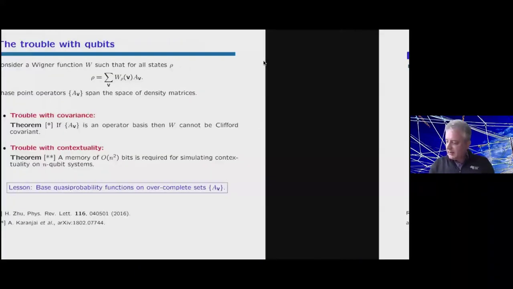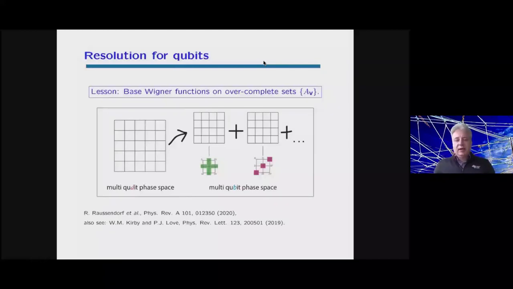Okay, good. If you're prepared to make that step, if you're prepared to give up uniqueness of your quasi-probability distribution, then all is good. Then you can reestablish for qubits exactly the same picture as you had for odd dimension earlier.